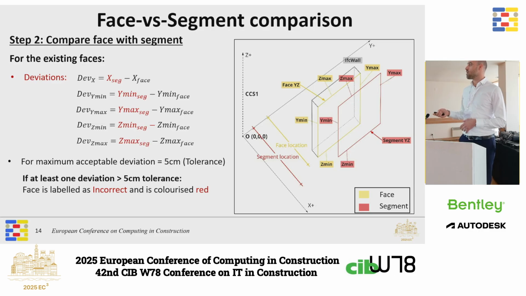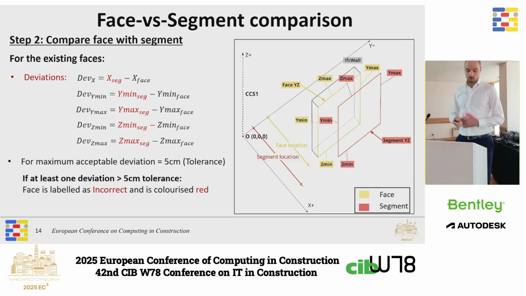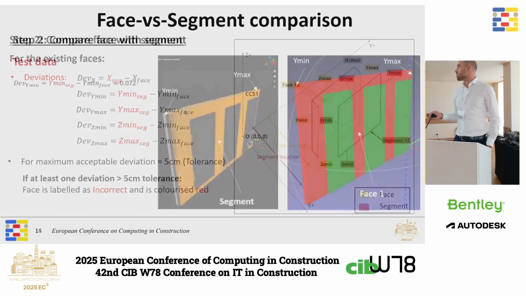And we say that we establish a maximum tolerance of 5 centimeters, and we say that if at least 1 deviation exceeds that tolerance, the phase is labeled as incorrect and is colorized red later in the results visualization.